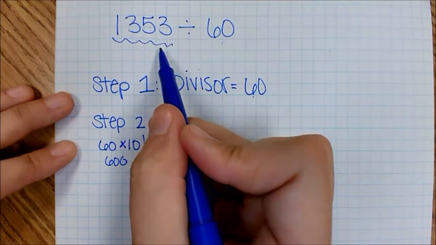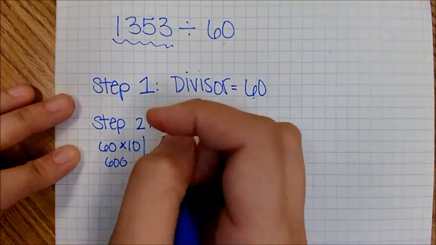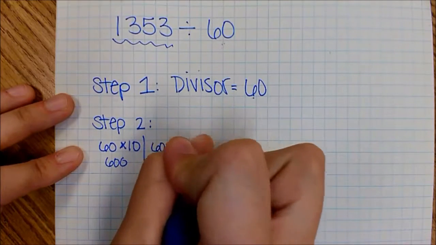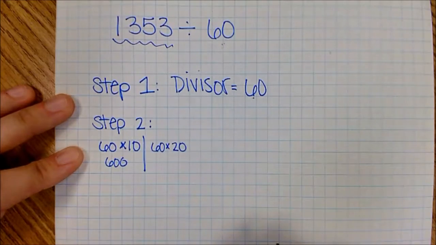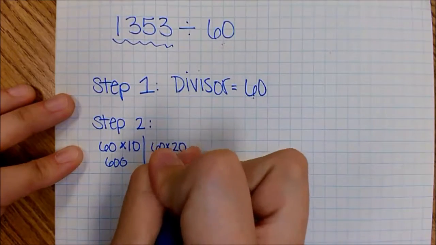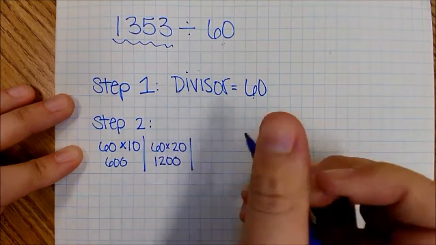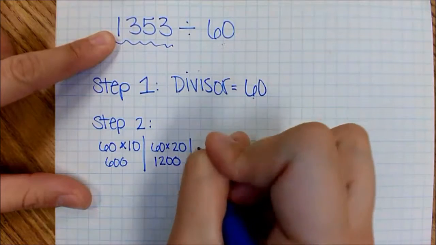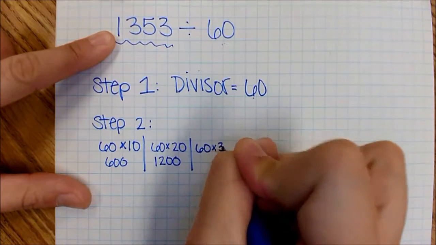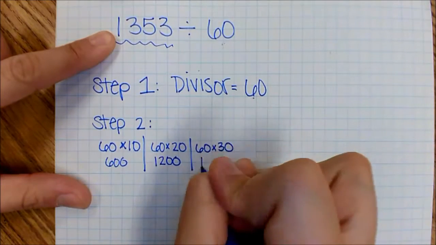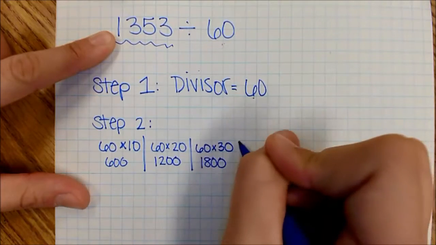That is not close to 1,353. So I'm going to try again. 60 times 20. 60 times 20 equals 1,200. Okay, a little closer. So now let's try 60 times 30. 60 times 30 is 1,800.